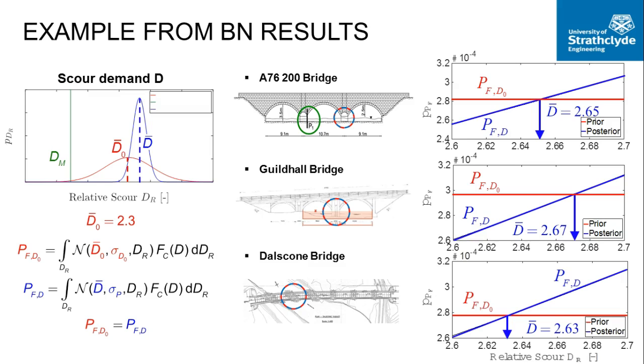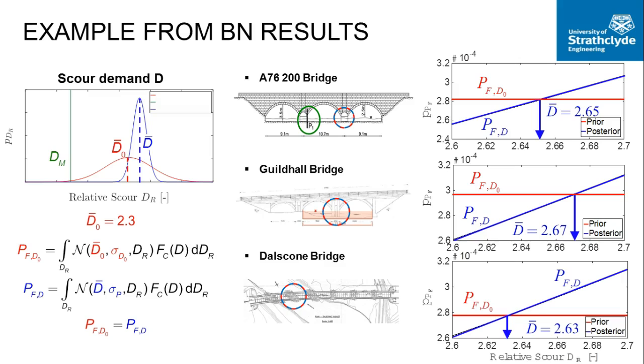The prior probability of failure in red is constant because the value of the threshold was chosen a priori by Transport Scotland. So the intersection between these two lines gives us the new threshold that satisfies that equation.